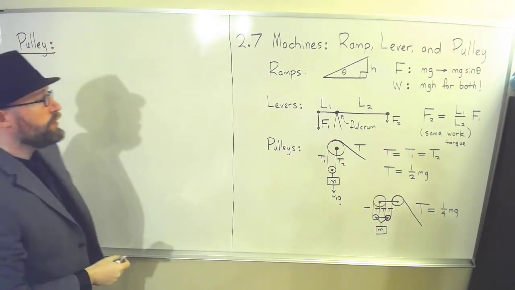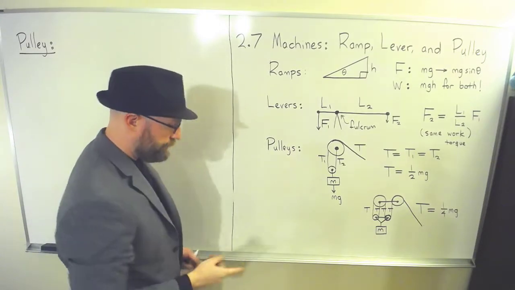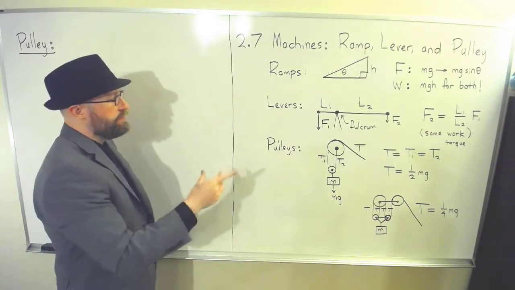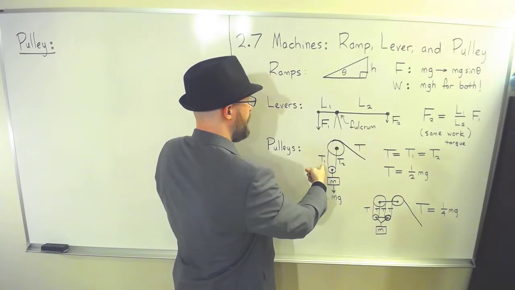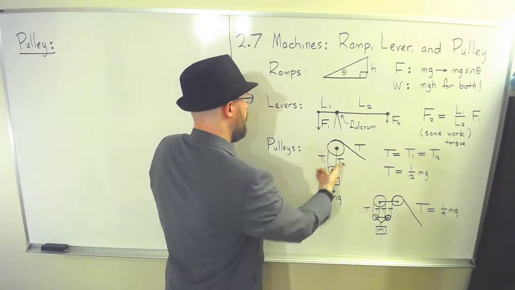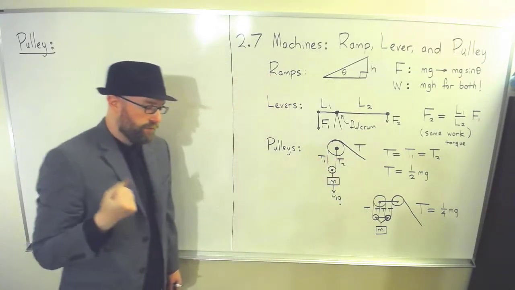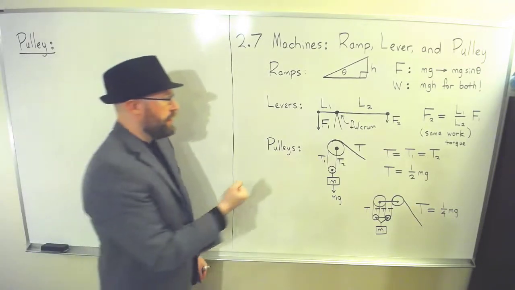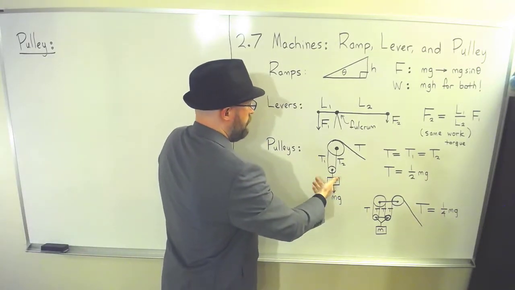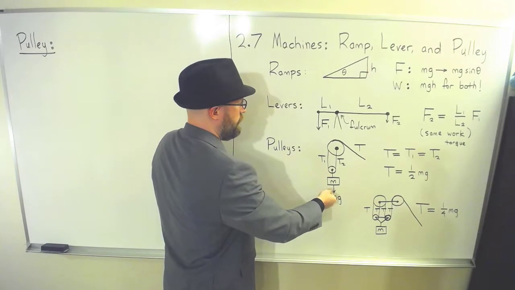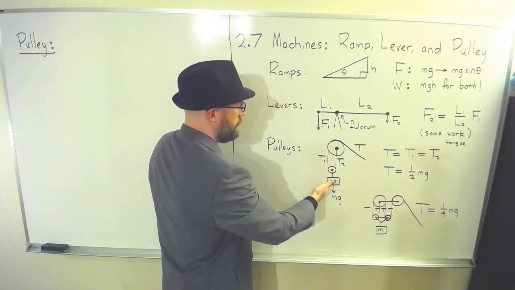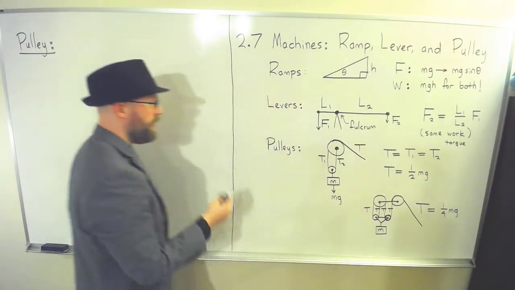So the way the pulley works is by using multiple copies of the same tension in a rope or a cable or something to multiply the amount of force that's applied locally to some mass.